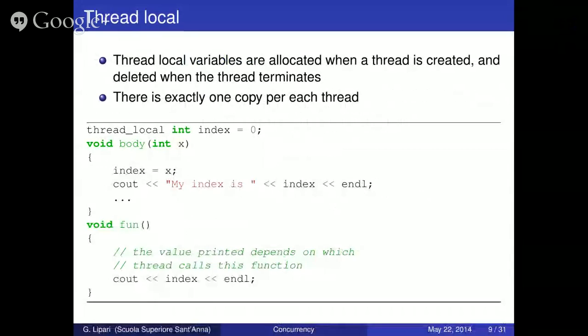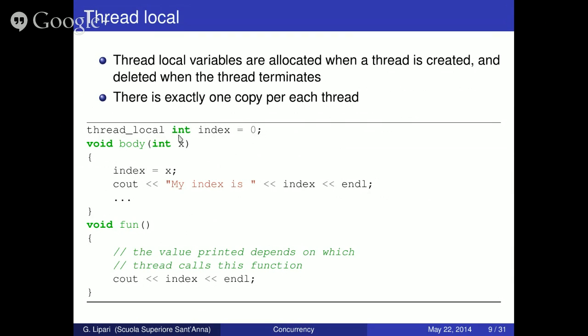Another interesting thing is thread local variables. Thread local variables are global variables that are specific to each thread. A thread local variable is specified like this. It's like a specification such as static or extern; you can also specify thread_local. What it means is that every time you create a new thread, a copy of this variable is created in memory for that thread.